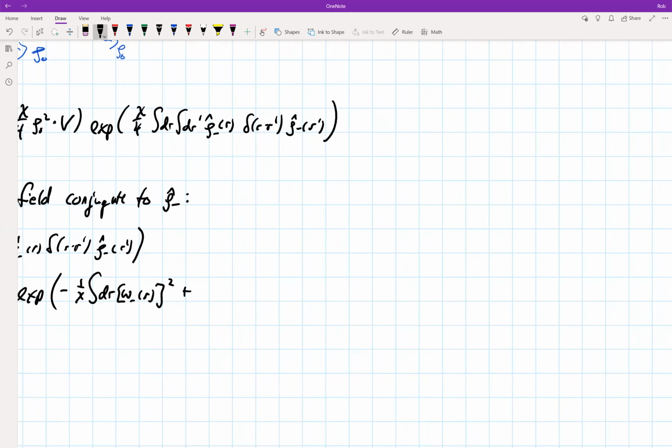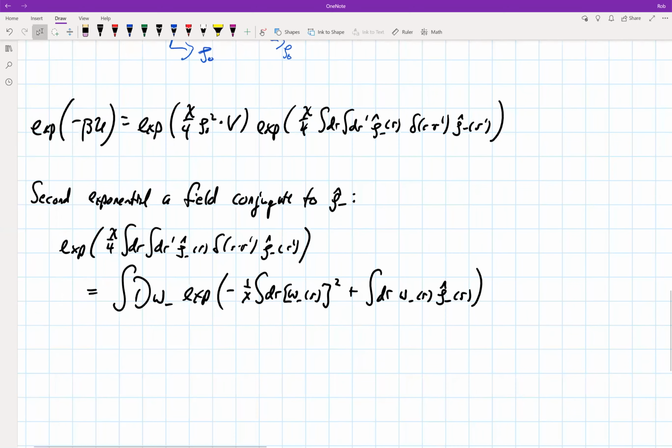Right, so now we still have this plus integral dr W minus of r rho hat minus of r. All right, but we've gotten rid of the interactions between the microscopic particle positions, and now the thing that we have to worry about is the interactions of the particles with the field.